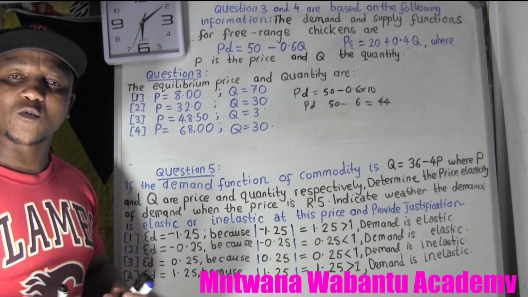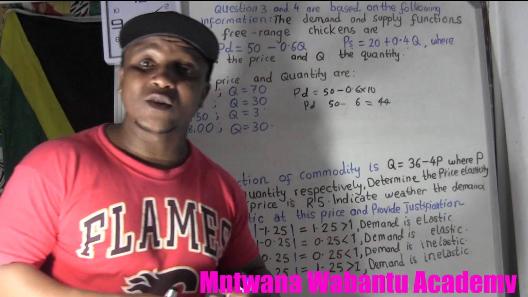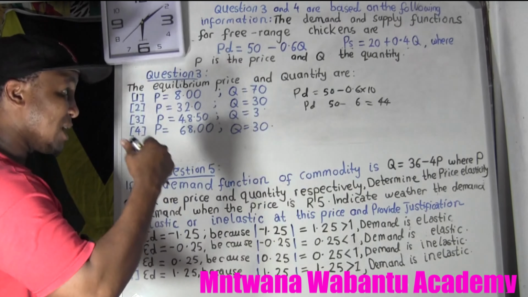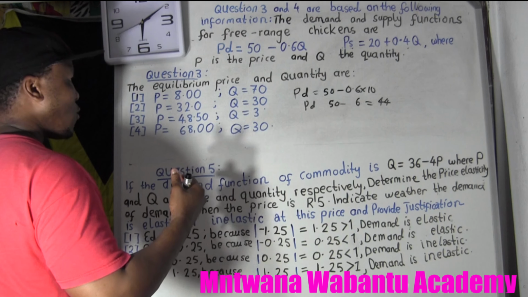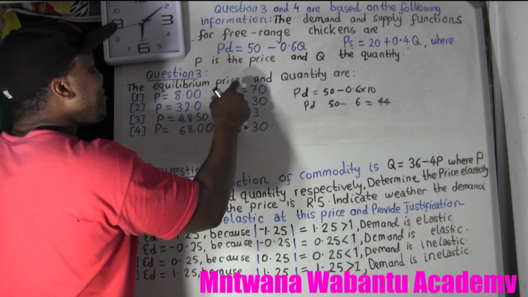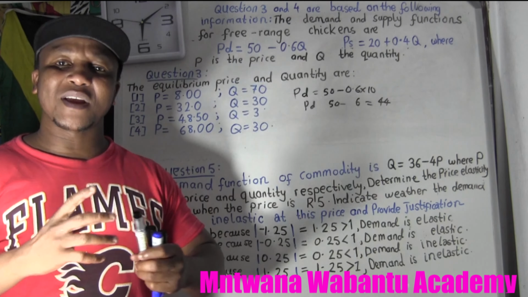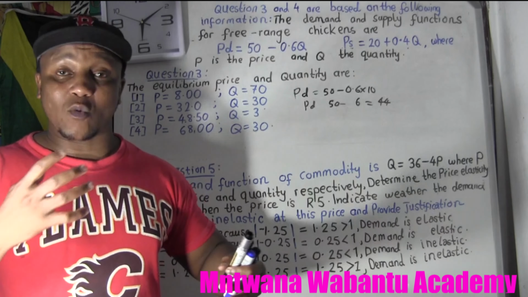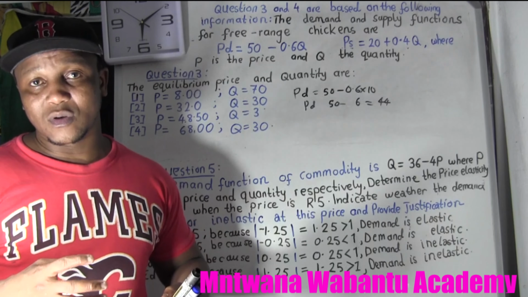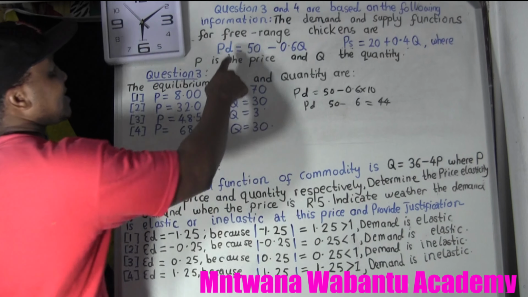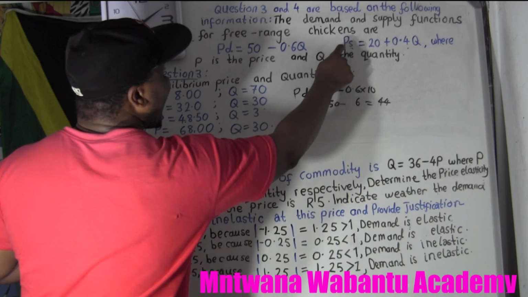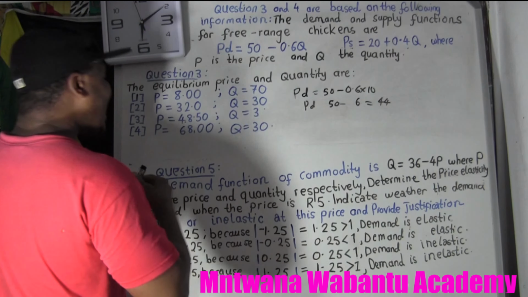What did the question want us to do? The question wants the equilibrium price. You know what equilibrium means? At equilibrium, the price of demand and the price of supply are always equal.